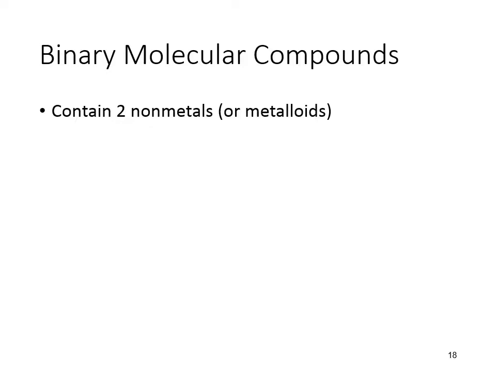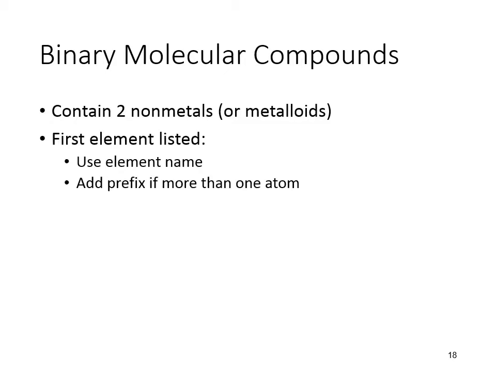So unlike the ionic compounds, where we didn't include information on the subscripts in the actual name, the subscripts for molecular compounds will be part of the name. So we're going to name the binary molecular compounds. The first element is going to be named like a cation. Just use the name of the first element, unchanged.